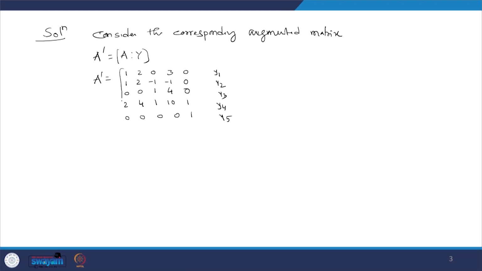So, this is the augmented matrix corresponding to the system Ax equal to y.